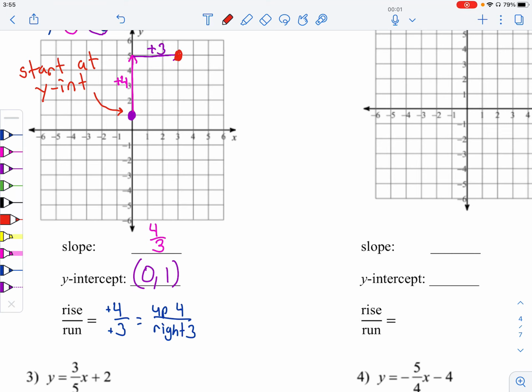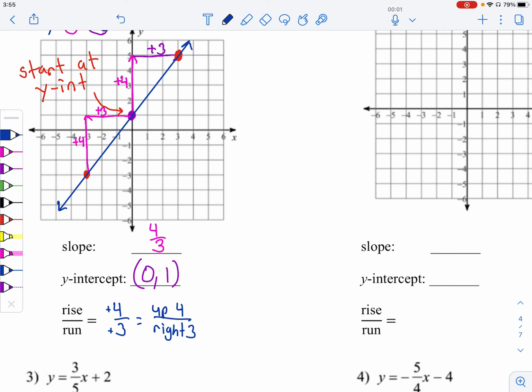And then we make a point right there. We can also follow the pattern the other way. So 3, 4 right there, because we're still going up 4, right 3. I still got the pattern going. Same pattern. Then we can draw a line right there and put arrows at the end, and that's our graph.